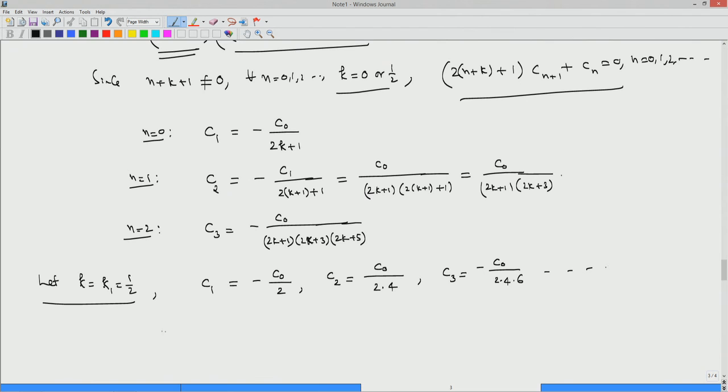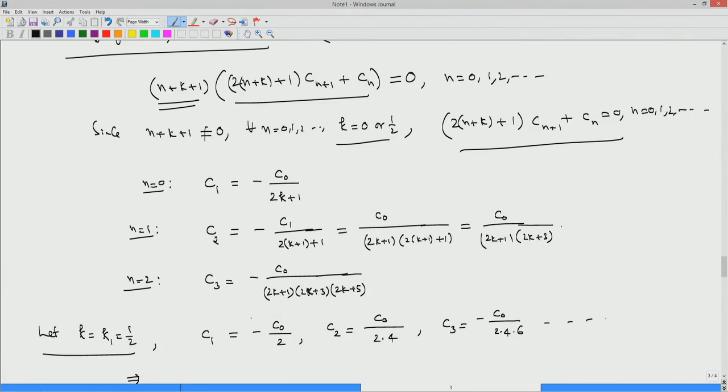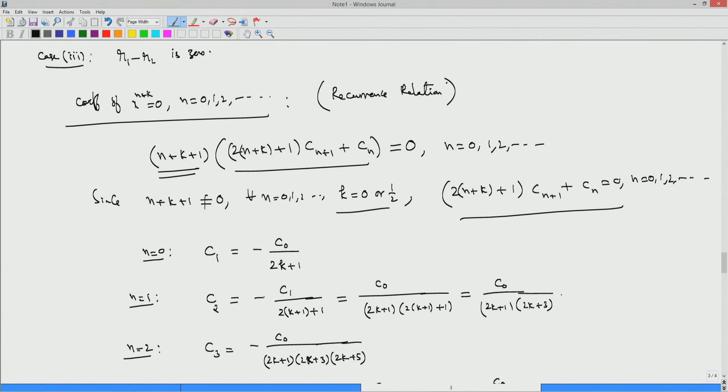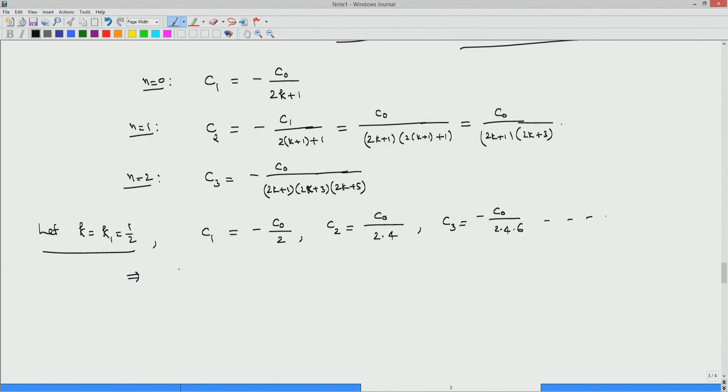You have now got all the C's except C0, and you found one solution y1, which is y of x with k equal to half and the corresponding Cn's, that is x power k, which is half.